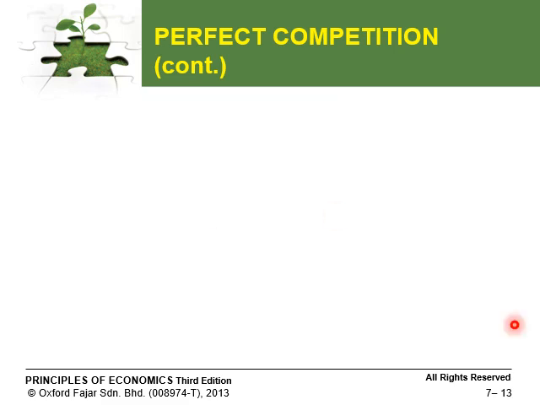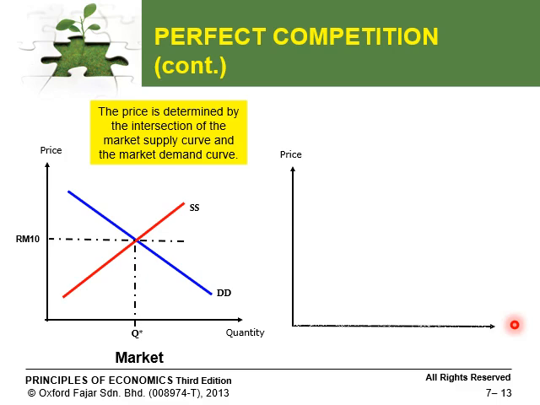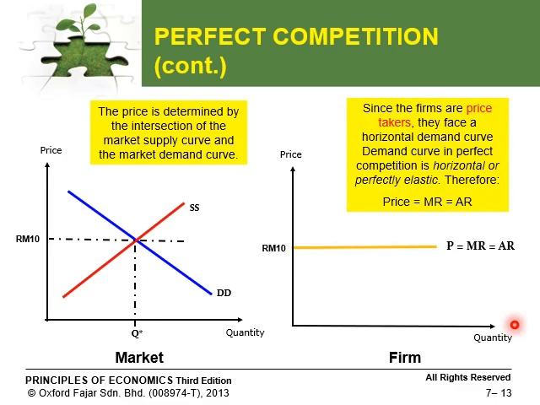In the perfect competition market, there are two types of graph you should know: a market graph and an individual firm graph. This is the perfect competition market graph, which consists of a demand curve and a supply curve.